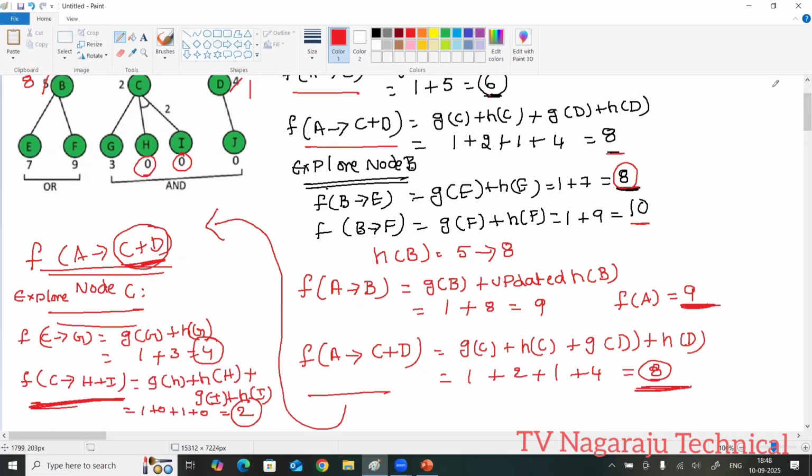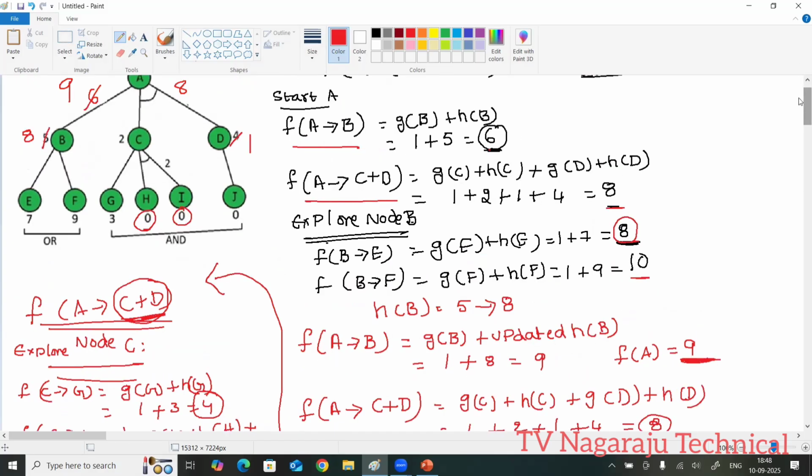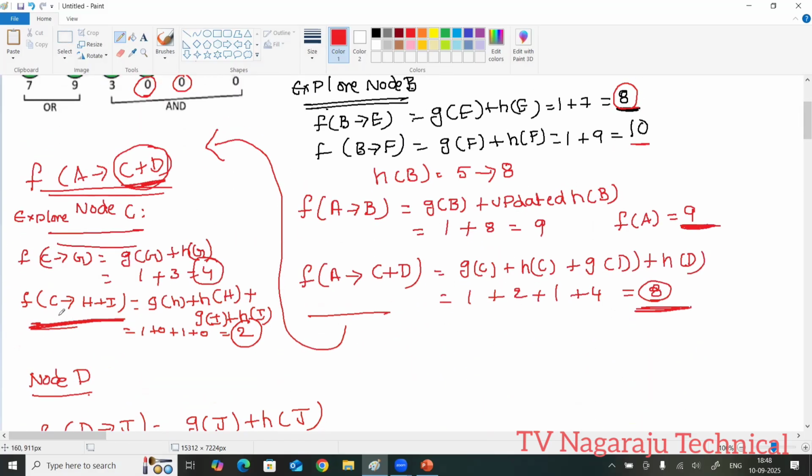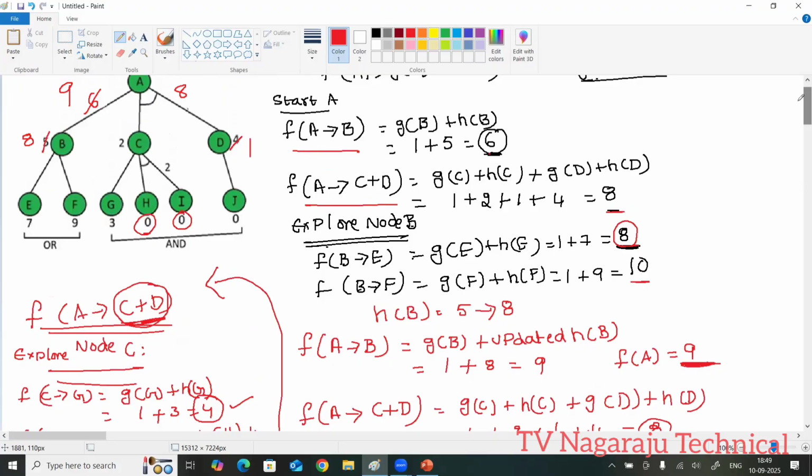Simply update to 1. Sir, why are you not updating the previous one? Here what is the C value? We are getting 4, you are getting 2. So which one is the minimum? 2. Here what is the value? 2. So the same value you are getting, so no need to update.